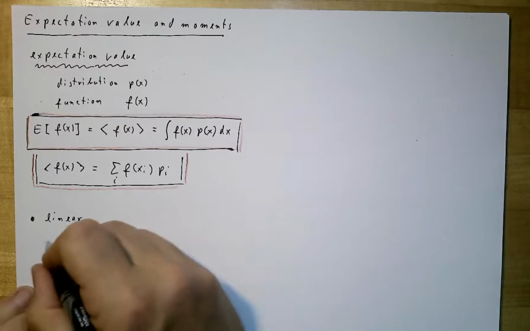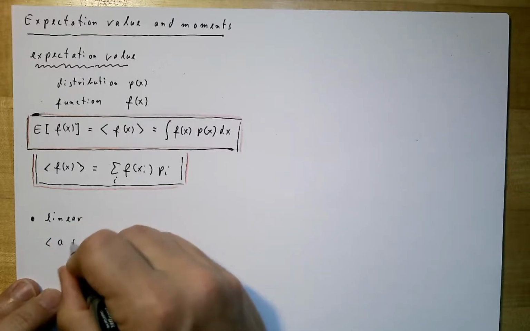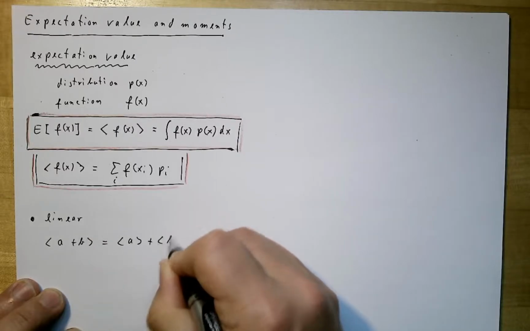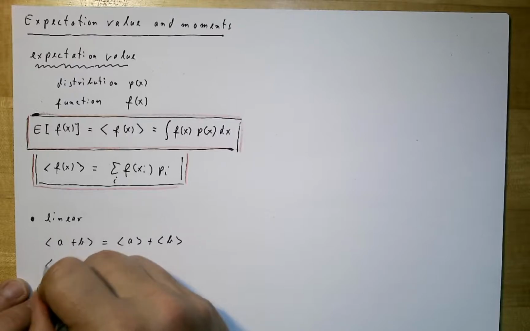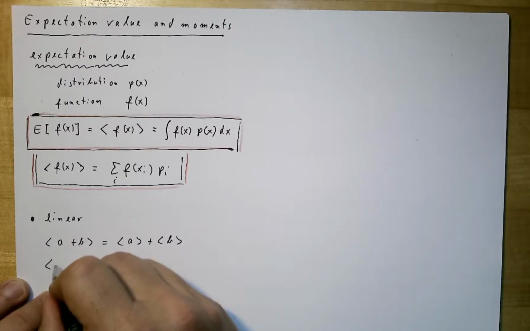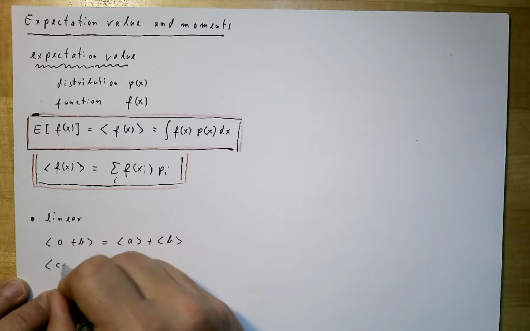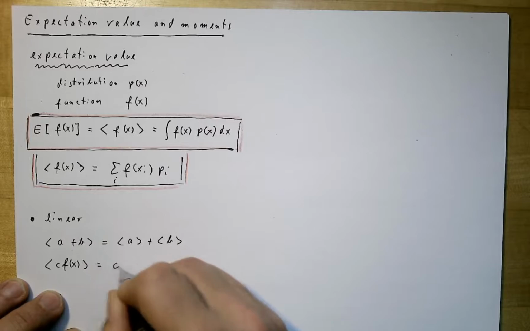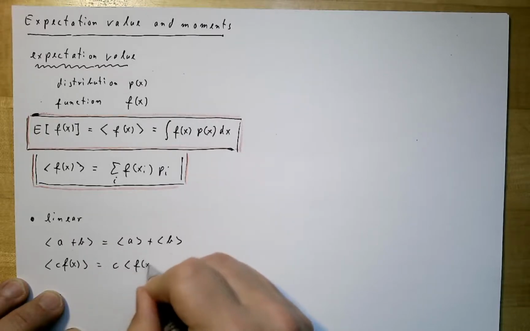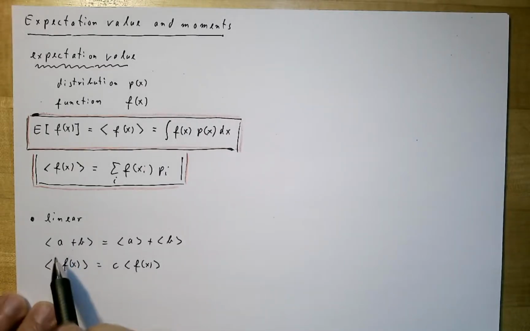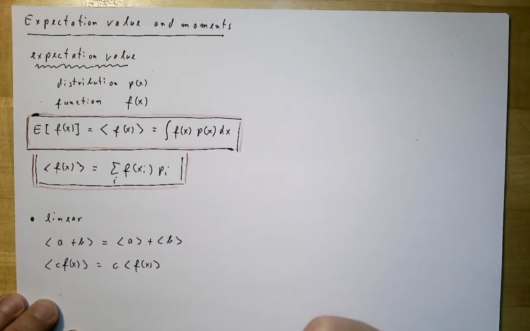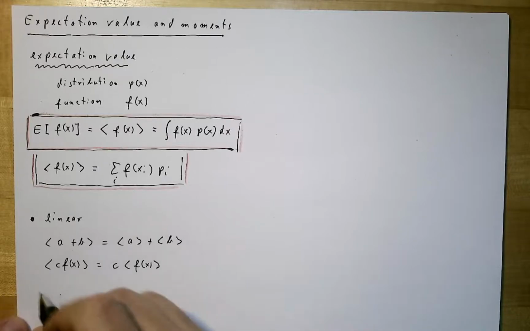So the expectation of a plus b equals the expectation of a plus the expectation of b, and the expectation of a constant c times the function f of x is c times the expectation of the function f of x. We have these linear properties because we just have an integral here. Okay, now let's take an example. What is the expectation of a constant?